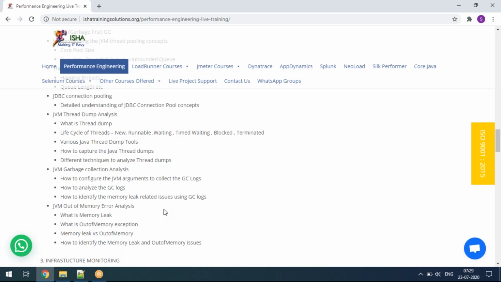Each of these will collect certain information, whether thread dump, heap dump or garbage collection information. After the post execution, we are going to analyze everything and identify something related to a thread issue, a heap issue, or a garbage collection issue.